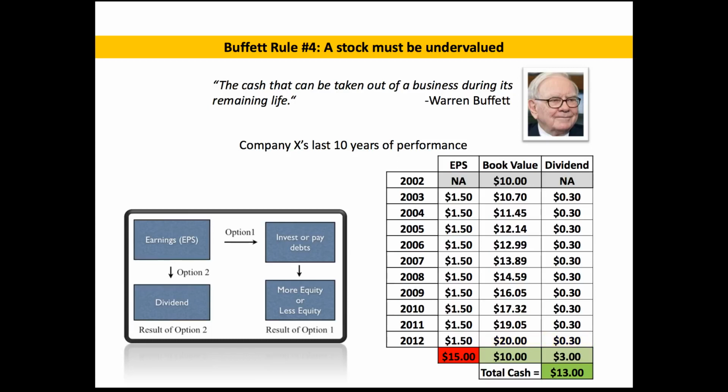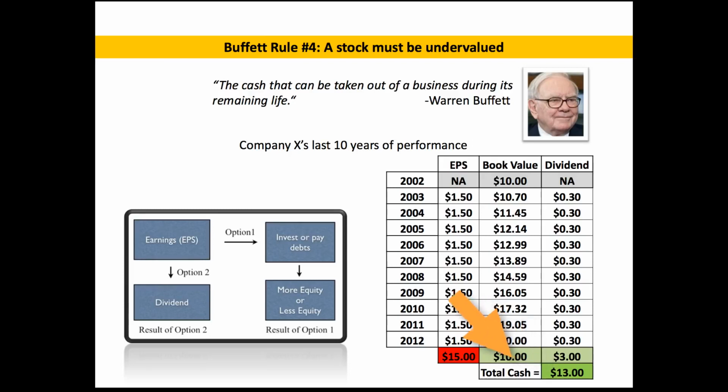And so if we sum all of the EPS that would have occurred for that 10-year period, we would have had $15. Okay? So all the profit that that company received for one share would have ended up being $15. But when we look over at the combination of the book value and the dividend, which we know is the result of our two different options, it only ended up totaling $13. Okay?